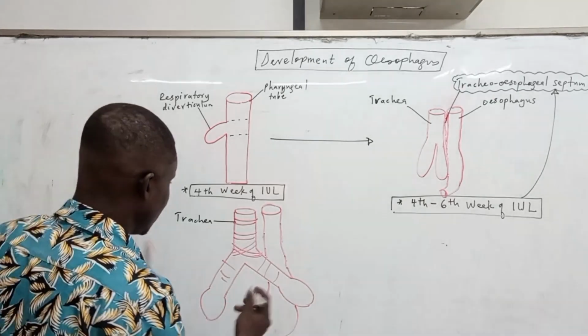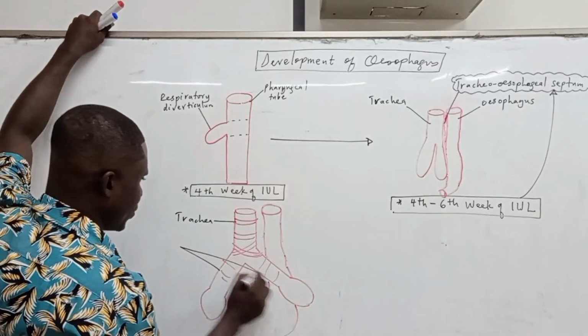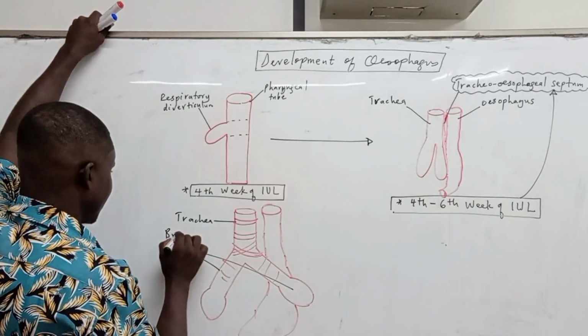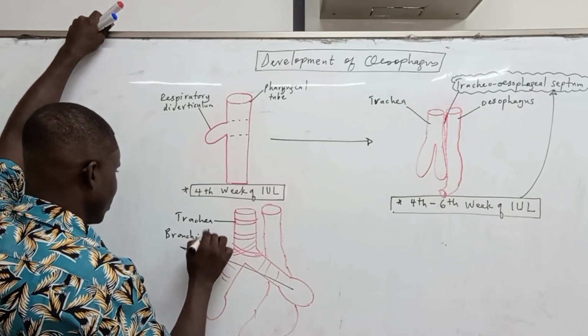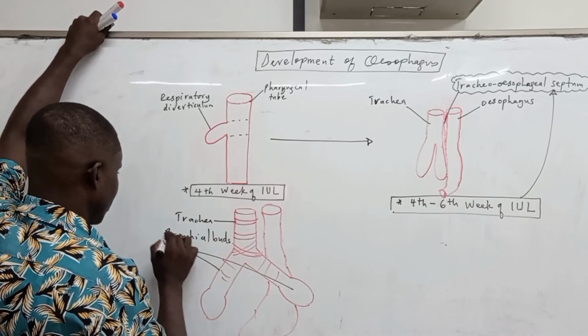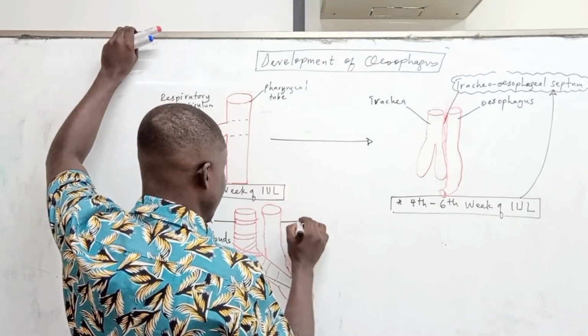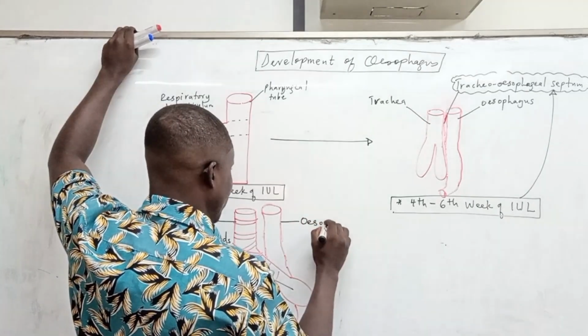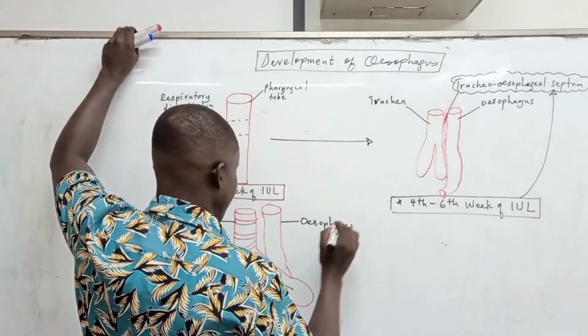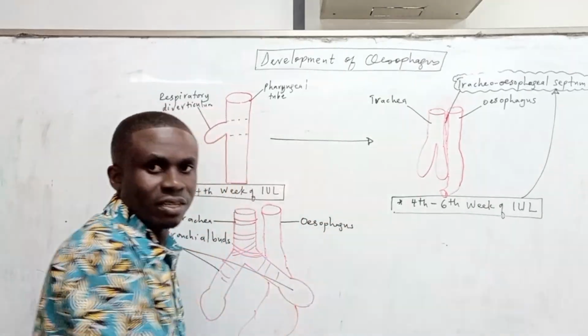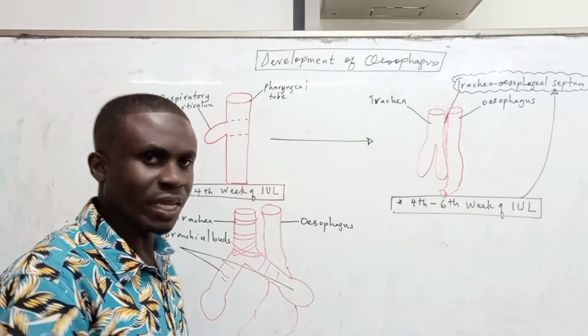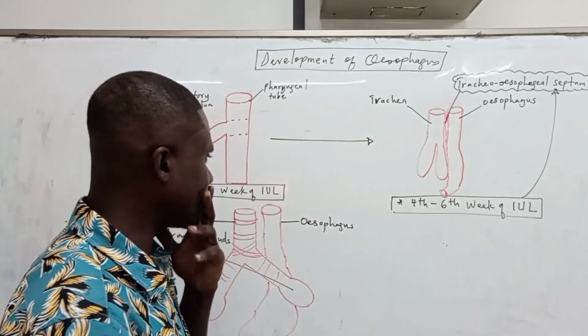So these are the bronchial buds. And then we now have our separate oesophagus at the dorsal aspect, and then your stomach, and eventually the other things will come out. So that is what we find over here.